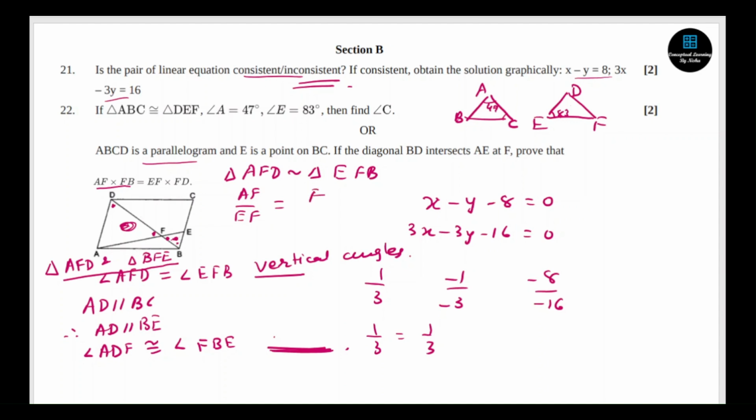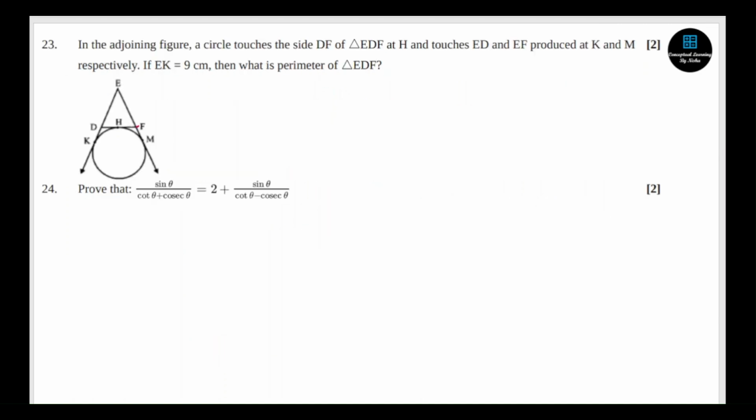FD to FB. And now when I cross multiply this, I'll get AF into FB equals EF into FD. So you have to write the final step after this. Alright. Please complete this step by step. Now moving to the next questions. Both are very interesting questions. Alright. So let's understand here.